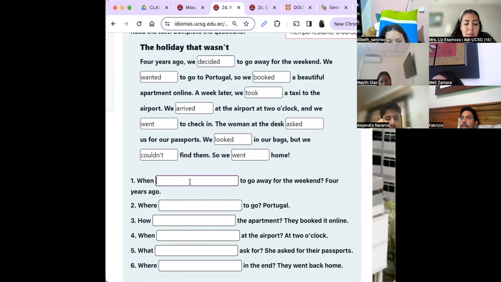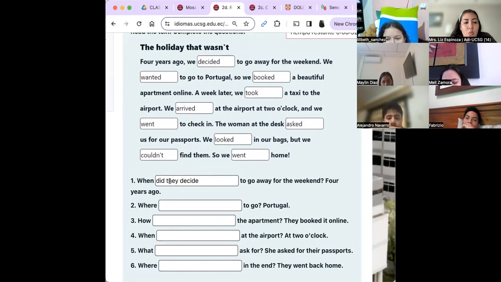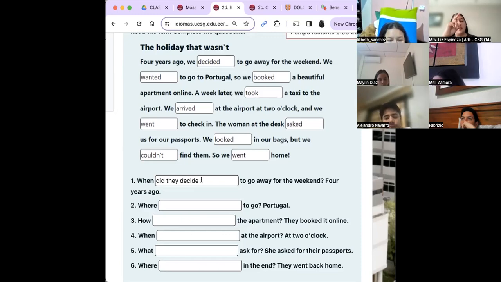I'm gonna do the example. Did they decide to go away for the weekend? In this case, the WH word, did, the auxiliary, instead of saying they decide, you put did they decide. You have to put auxiliary, subject, verb. That is the order. Auxiliary, subject, verb. Okay?